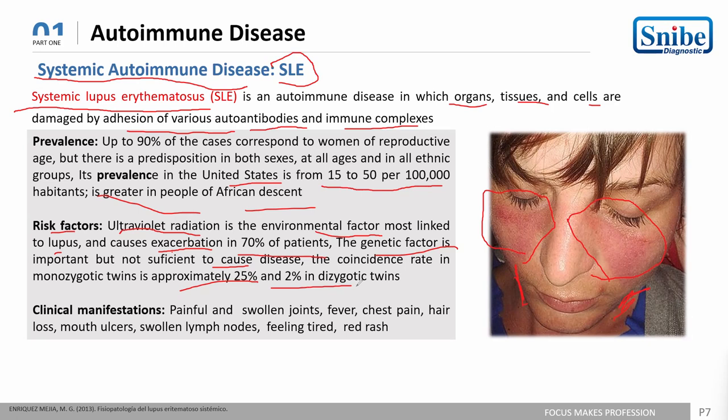So the probability of systemic lupus erythematosus is higher in monozygotic twins as compared to dizygotic twins.